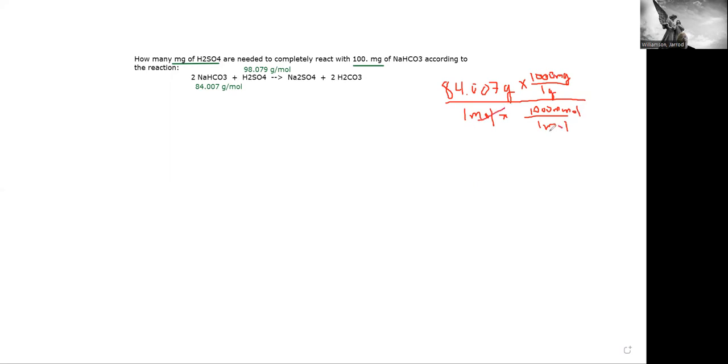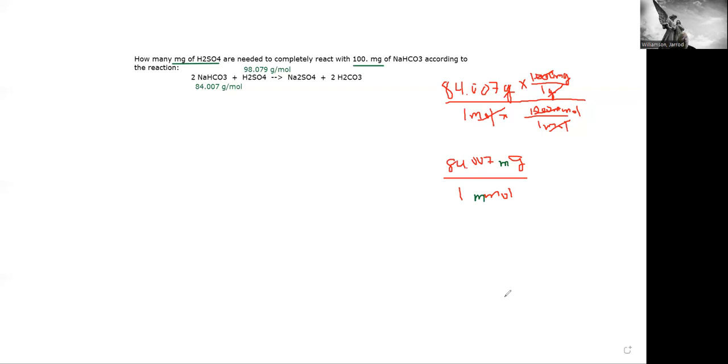Well, see here, moles cancel with moles, grams with grams, but the 1,000 cancels with the 1,000, and I'll realize that 84.007 grams per 1 mole is also the same thing as 84.007 milligrams per millimole, right?